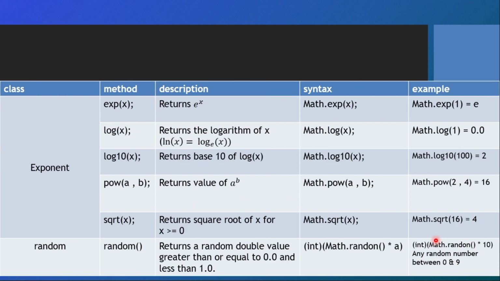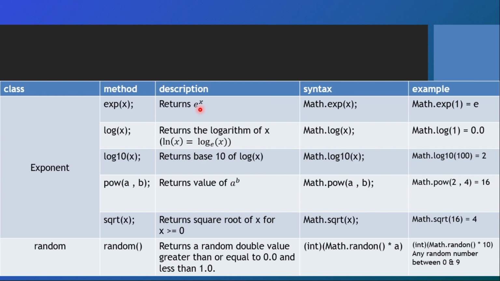Alright, so we also have the exponent method, right? And basically, as it suggests, it uses exponents. So here we have exp(x), which returns Euler's constant to the power of x. So here we have Euler's constant, which is 2.71 something.